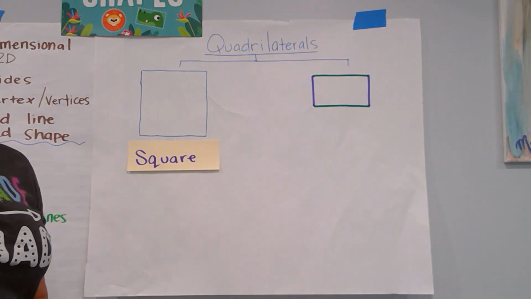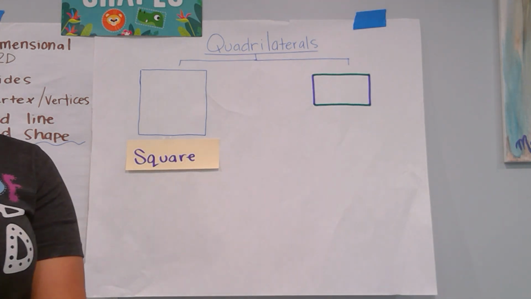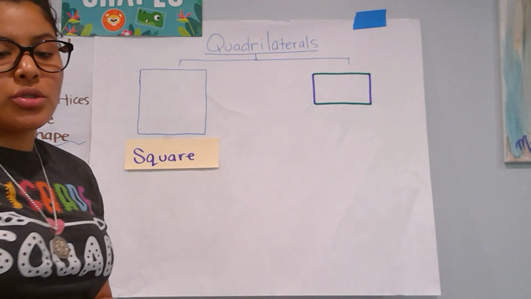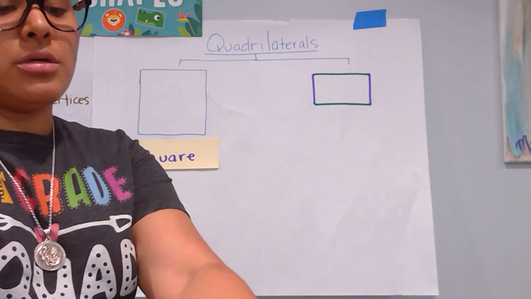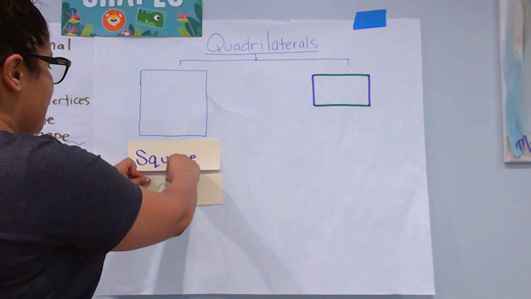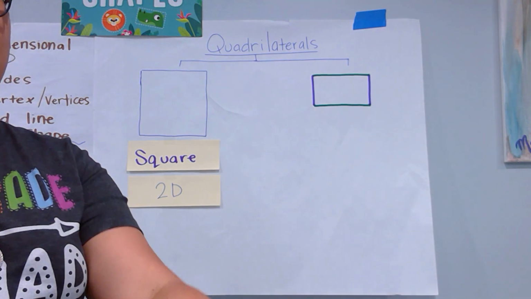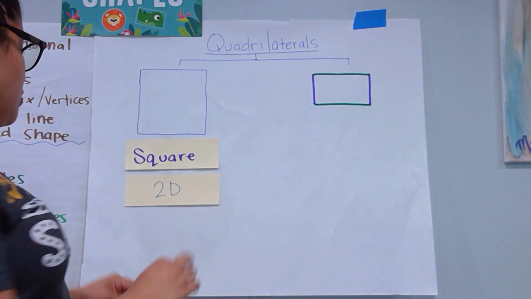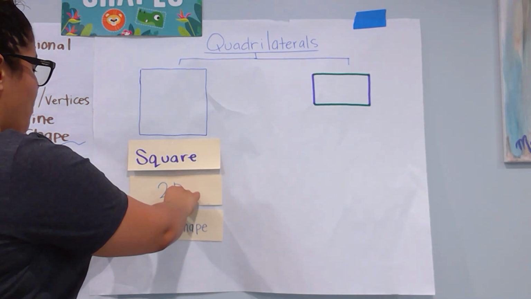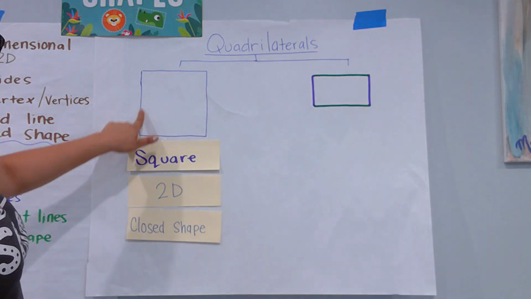So a square has many similar attributes to circles and triangles, such as it is a 2D shape. It is also a closed shape. There are no openings in my square.